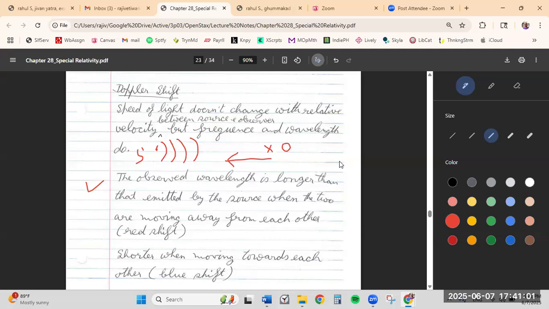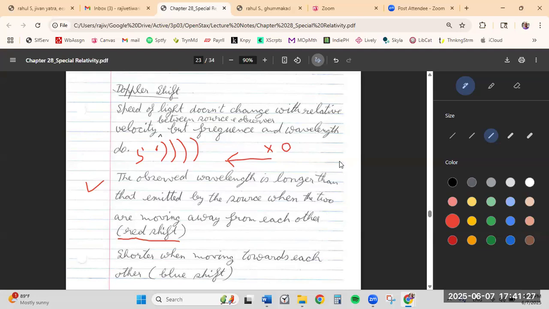That's known as red shift. Red, because red, you will recall, is the largest wavelength end of the visible spectrum. So the wave seems to be shifting towards the red part of the spectrum. In other words, its wavelength is increasing.